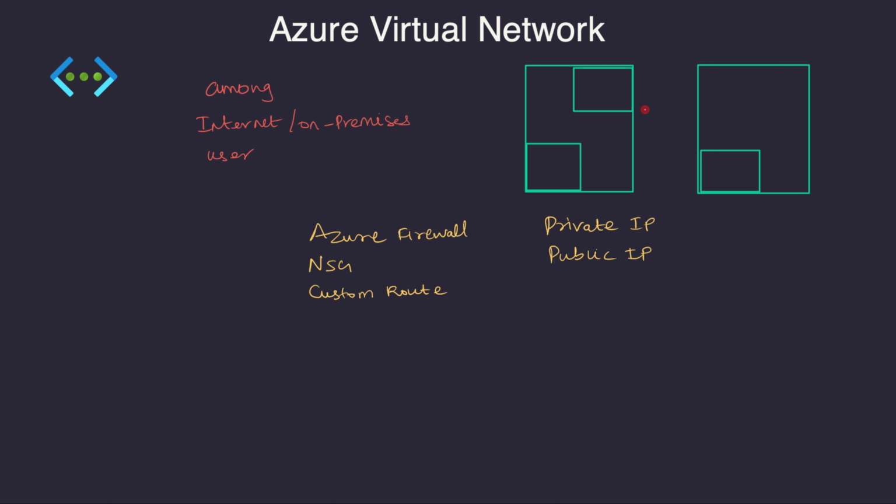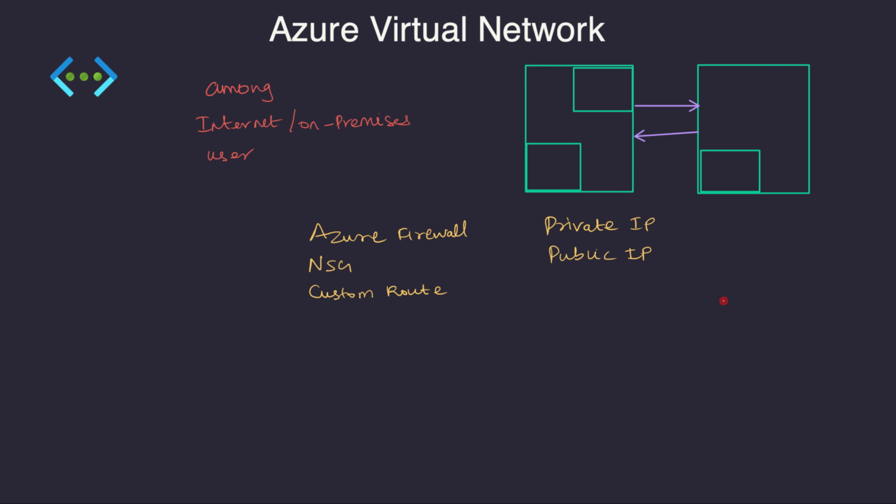You can do that using something called VNet peering. Once you have enabled VNet peering between these two virtual networks, the resources within this network can access resources on the other network as if it is part of the same network. Also, resources on this VNet can access resources on that VNet, because VNet peering is bidirectional.